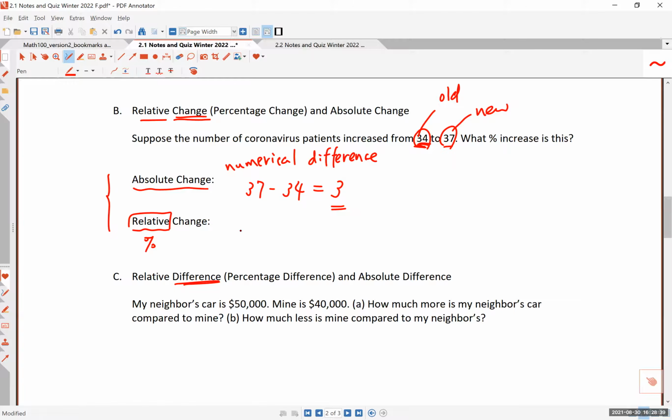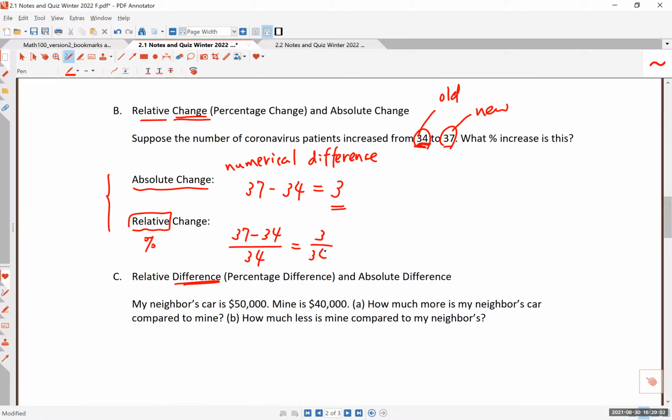In order to calculate the relative change or the percentage change, we take that absolute difference, which is 3, and divide it by 34. So we are trying to figure out what percent 3 is relative to the base number of 34, which was the old number.